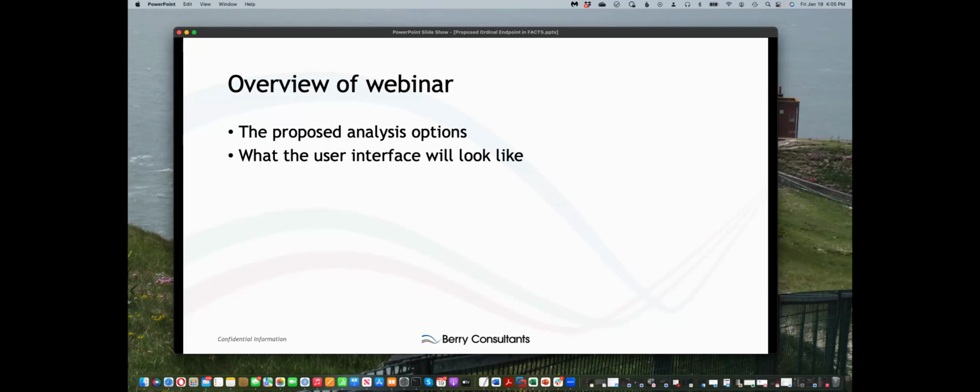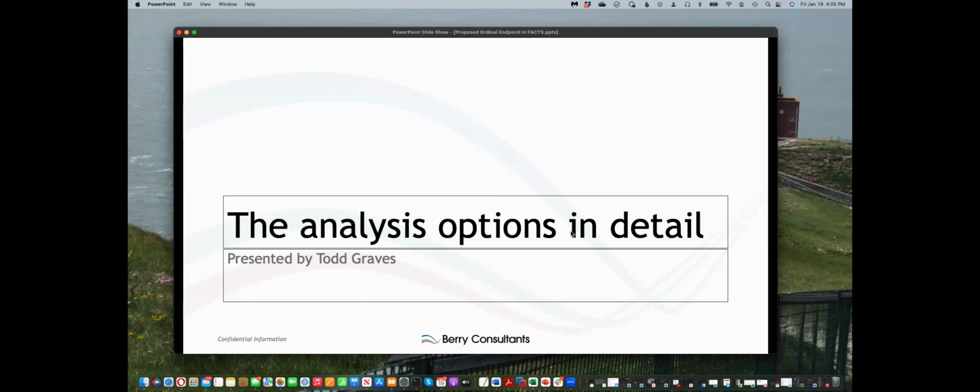And then at the end, I'll try to make sure to leave time for handling questions and of course suggestions, because we are only at the design stage. So without further ado, I'm going to hand over to Todd to talk about the implementation of the analysis.